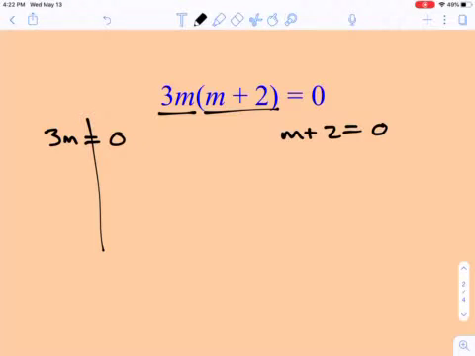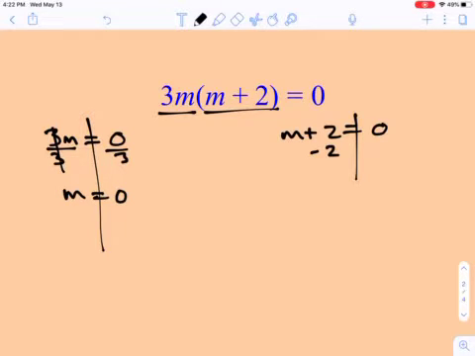All right, well, 3m equaling 0, this is a pretty straightforward problem. You divide both sides by 3, and that gets m by itself, and you get m is equal to 0 because 0 divided by anything is always 0. All right, this other one here, pretty straightforward as well. m plus 2 equals 0. What number does m have to be, when you add 2 to it, to make it 0?